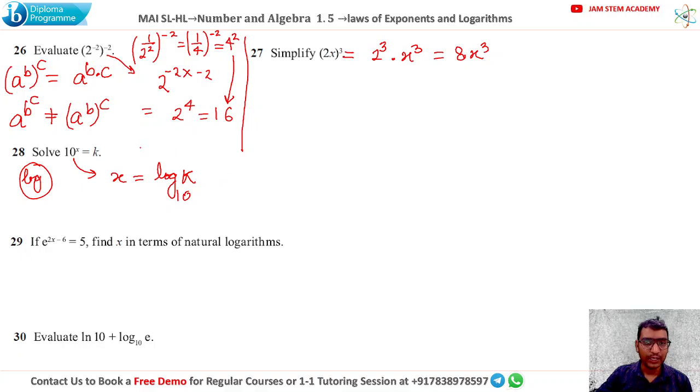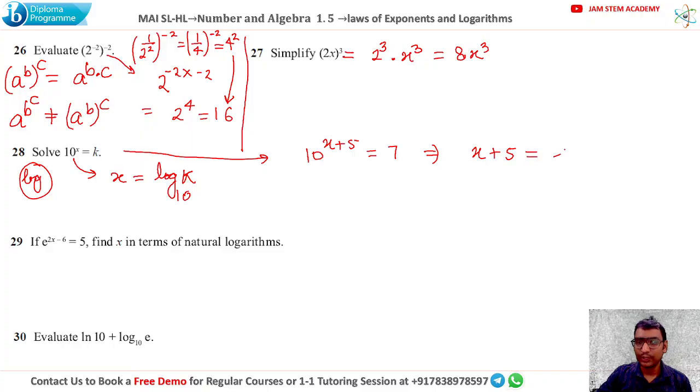For example, if they say solve 10 raised to the power x plus 5 equals 7, something like this. So if I use the definition of the logarithm, I can say x plus 5 is equal to log of 7 to the base 10. Now using the GDC, I can find the value of log 7 base 10.